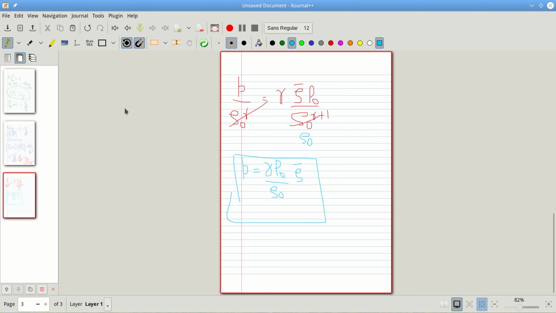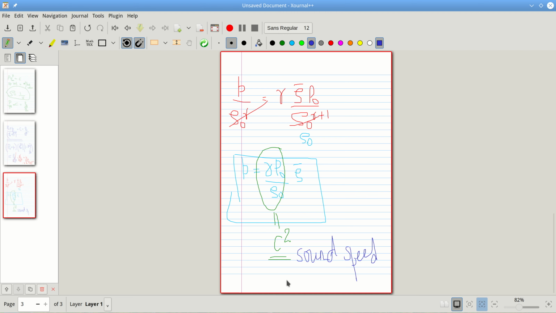It turns out that this particular quantity is equal to what we call c square, where c is basically the sound speed.